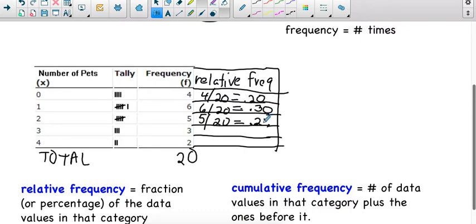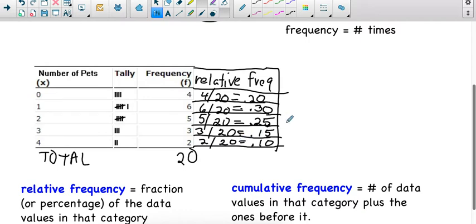You could put these in your calculator and just take 5 divided by 20 and you'll get 0.25. And 3 out of 20 is going to give me 0.15. And 2 out of 20 is going to give me 0.10.